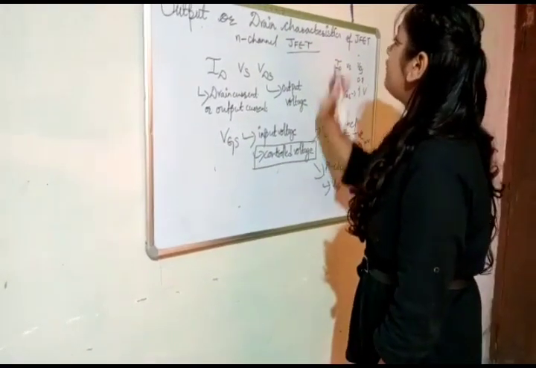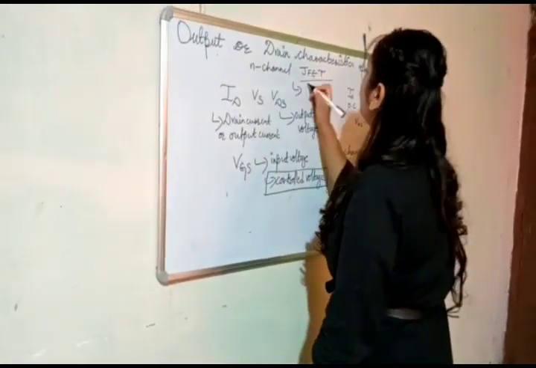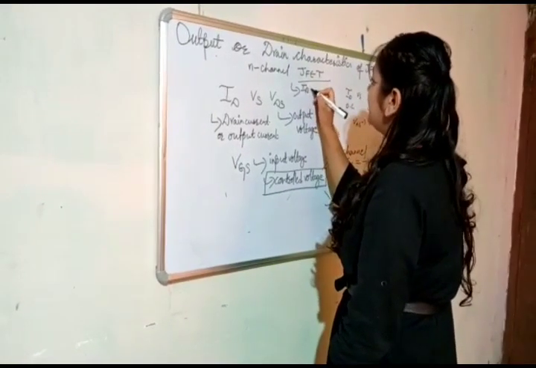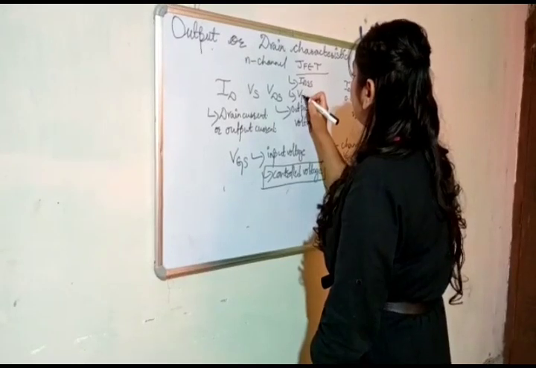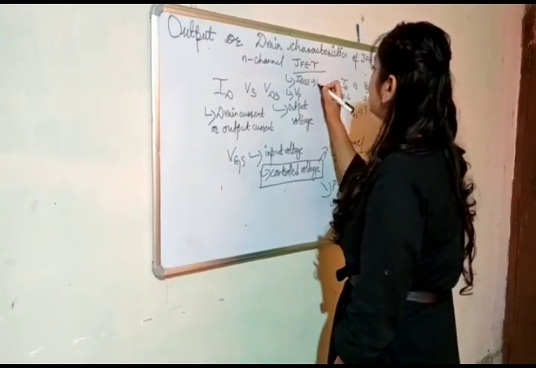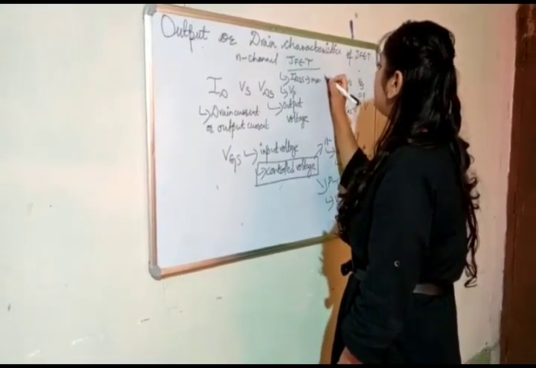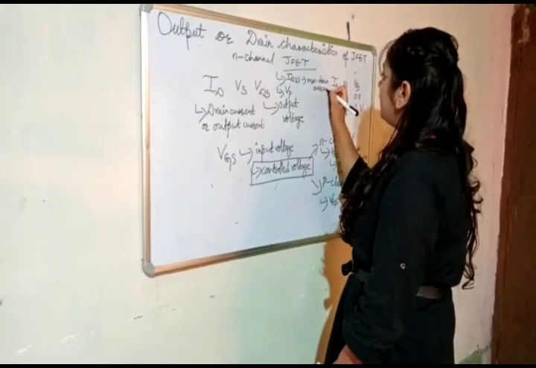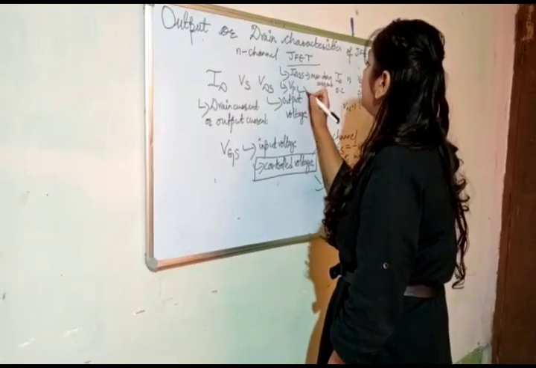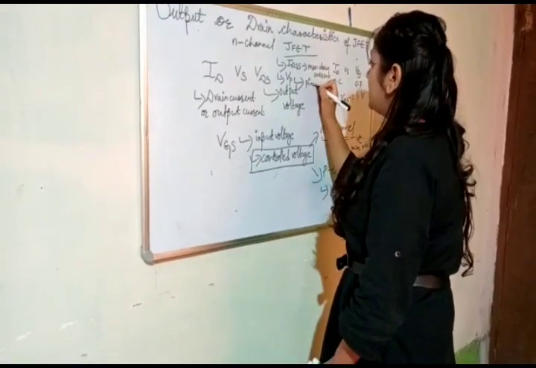So in JFET there are two terms, that is IDSS and VP. This IDSS is the maximum drain current and this VP is the pinched off potential.